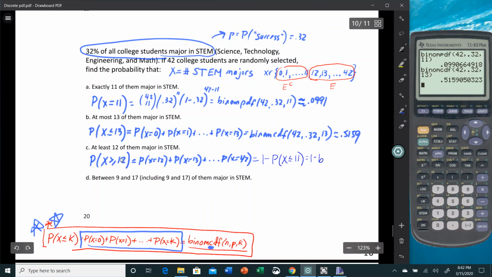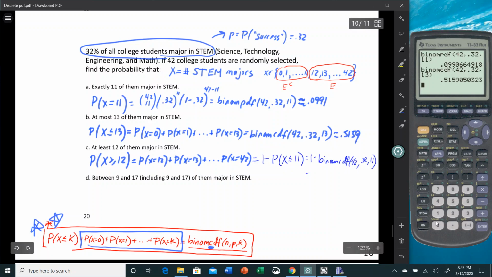So that will be 1 minus the binomial CDF. The syntax is n, which is 42, p, which is 0.32, and the upper bound of interest here is 11. Okay, so what is that?